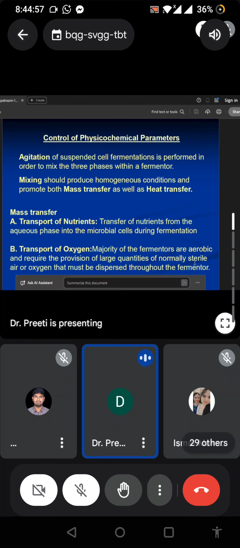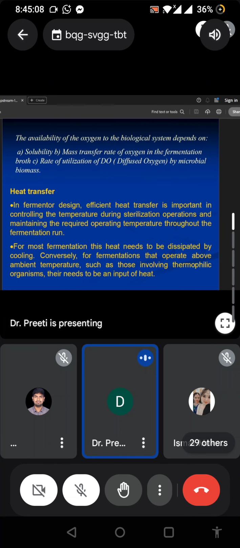So majority of the fermenters are aerobic. So you need to have sterile air or oxygen. This should be dispersed uniformly so that it reaches the microbes easily. So availability of oxygen will also depend on the solubility of oxygen, because some oxygen from air will dissolve into the media.